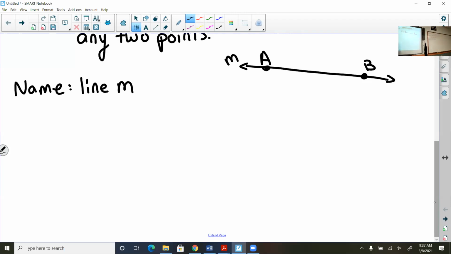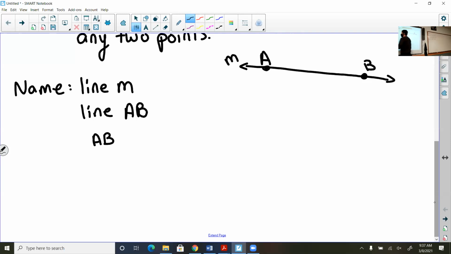I can also call it line AB, because those are the 2 points that are on the line. I can also just name it AB, and then I have to add a little symbol on top of that so that I know that it's a line.